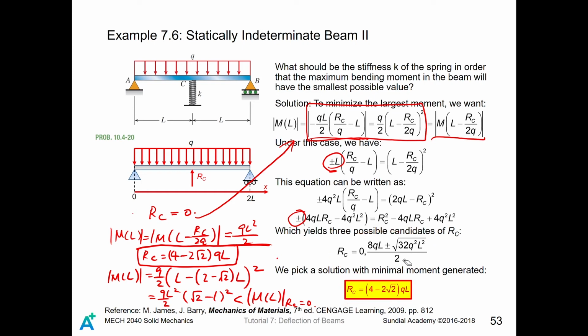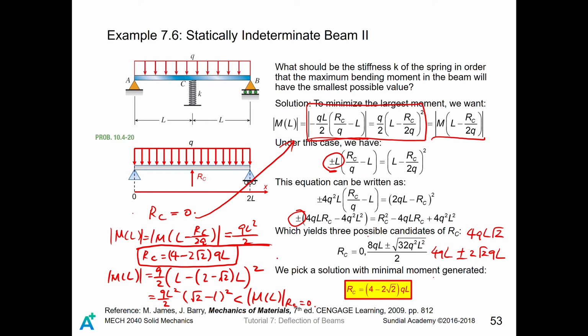So still, those equations come from this. So 8QL divided by 2 equals 4QL. And in the square root, it becomes 4QL times square root 2. And for the square root divided by 2, it will become plus minus 2 square root 2 QL.